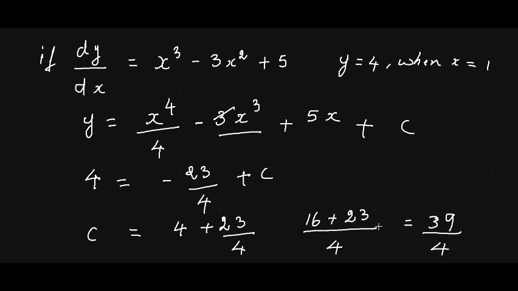Now all you got to do is, I'm just going to rub all these things off. All this exercise you did was to find the value of c, and now we found the value of c, which is 39 by 4.